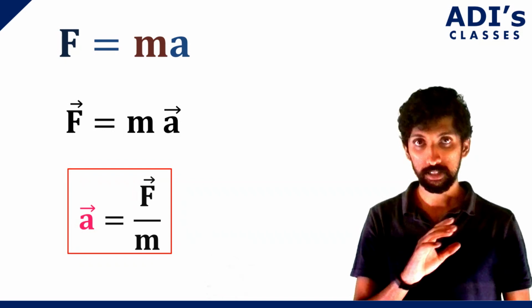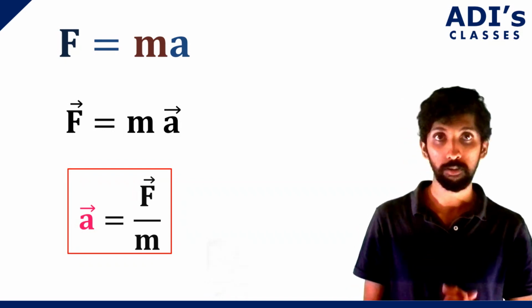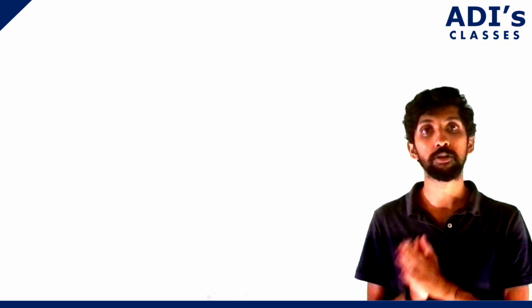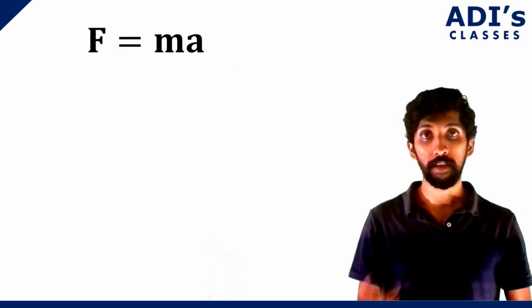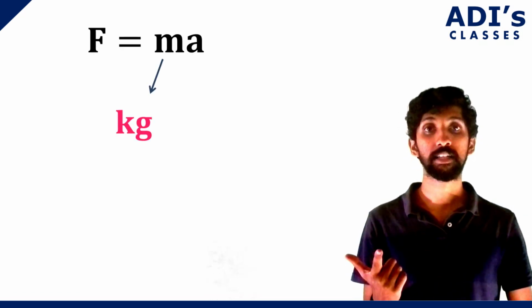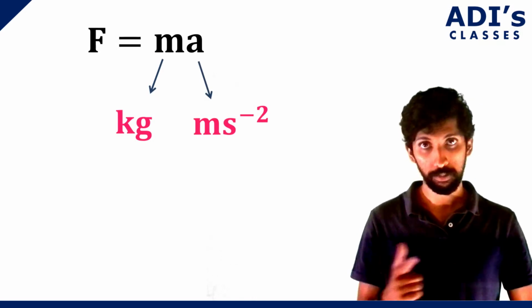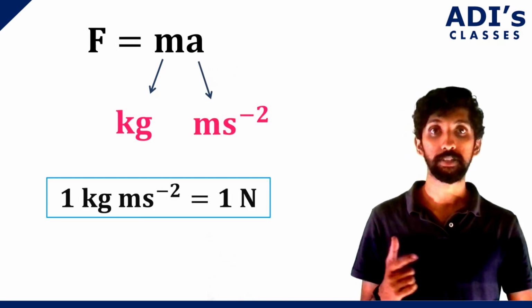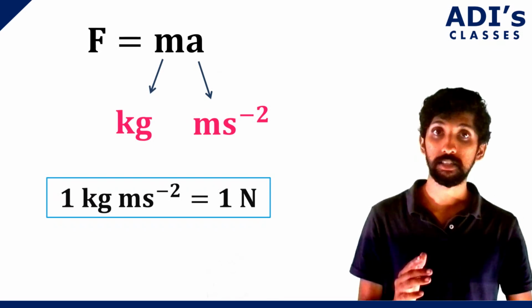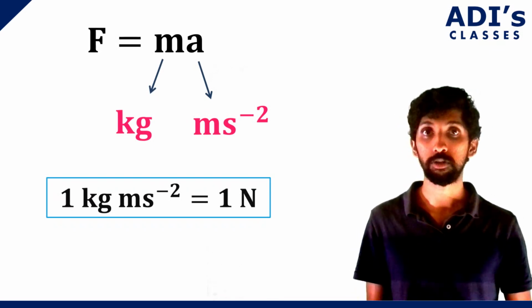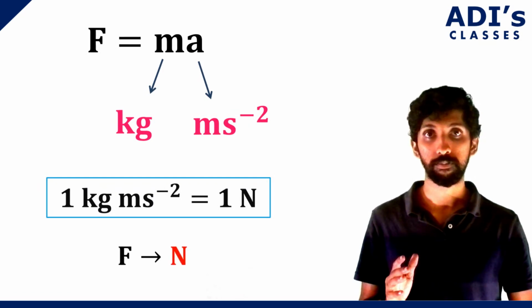Understood? Now let's come to the SI unit and dimensional formula. See, in this case, force F is equal to m into a. m is kg, acceleration is meter per second square. So if you apply that, you get kg meter per second square. So we call this Newton. So the SI unit of force is Newton.